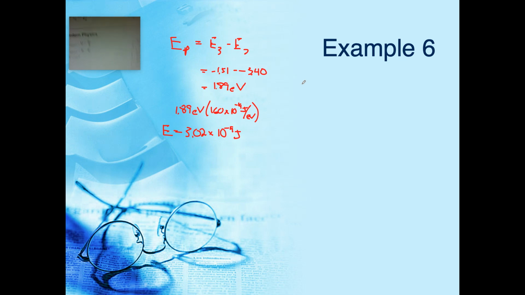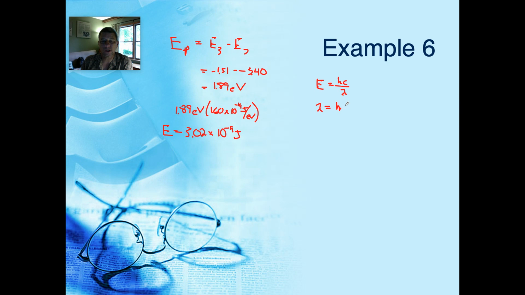That's the one that we want. Okay? So the energy is going to equal h times c over lambda, and therefore lambda is going to equal h times c over energy.